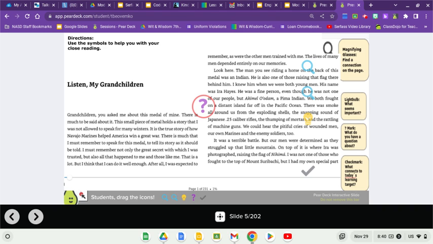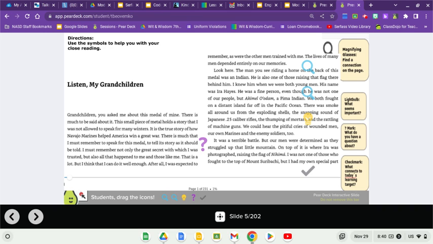There was smoke all around us from the exploding shells, the snapping sound of Japanese .25 caliber rifles, the thumping of mortars, and the rattling of machine guns. We could hear the pitiful cries of wounded men, our own Marines, and the enemy soldiers too. It was a terrible battle, but our men were determined as they struggled up that little mountain.